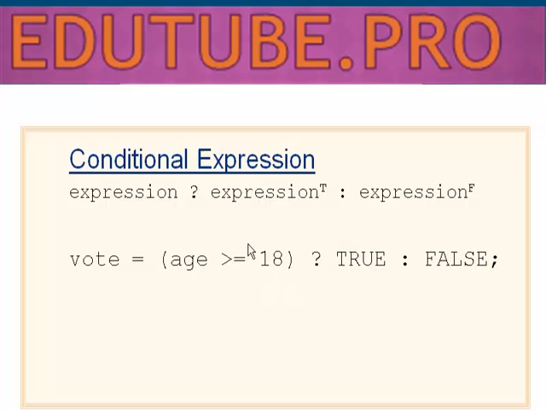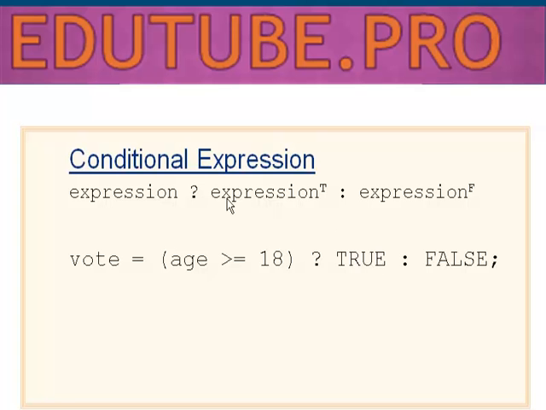So we're looking to see if our age is greater than or equal to 18. If this resolves to be true, or a non-zero value, and the way this works, the value would be 18, the result of this. So that's non-zero, that's true. We'll come here and we'll do this part. This value, true, we've already set it way up in our program someplace to be whatever we consider to be true, and that's generally going to be 1, non-zero.